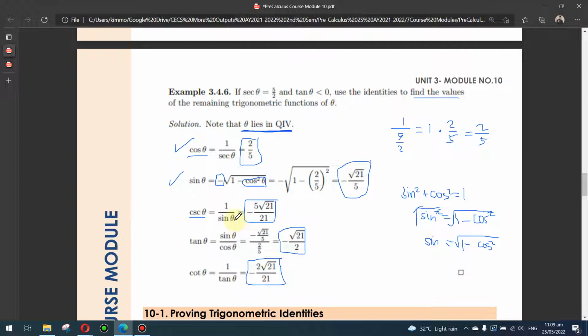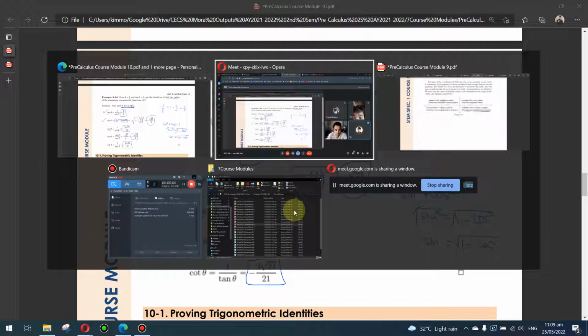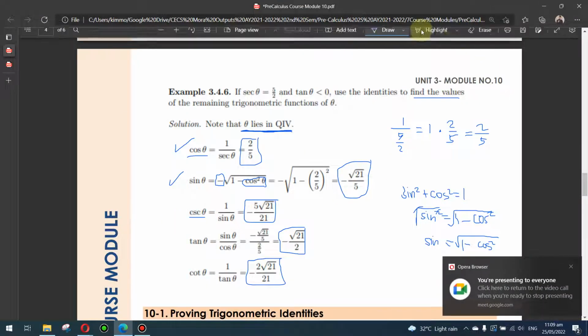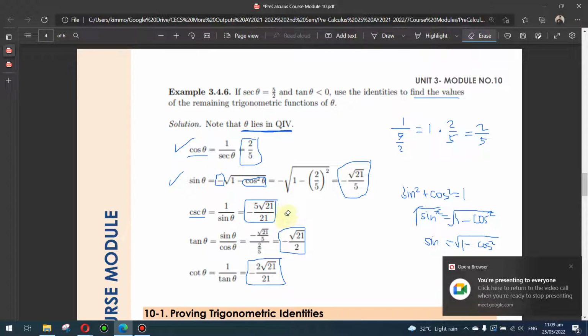So, 1 divided by answer ato, mao na to yung cosecant. 1 over answer ganihan ninyo katong negative square root of 21 over 5. Kay parehas ra na siya ana nga answer. Sige lang, i-try lang na ninyo og calculate. Kung dili nyo makuha, igni lang ko, so that we can proceed na sa atong next nga topic.